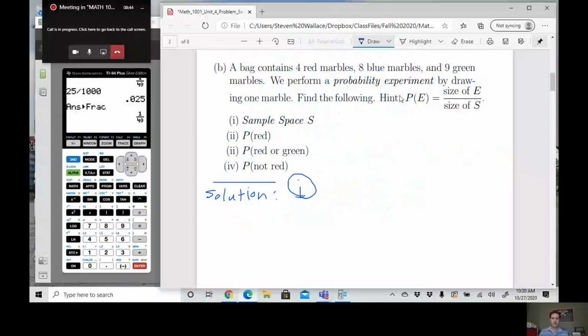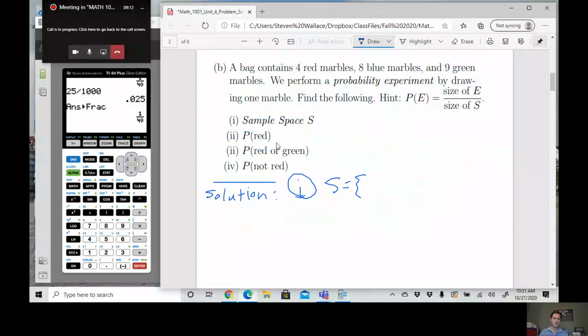So probability is size, and when I say size, I just mean the count of the event. And the sample space, that's S, that's the total number of possibilities. So the size of S would be the total number of marbles, so that's 21, okay?